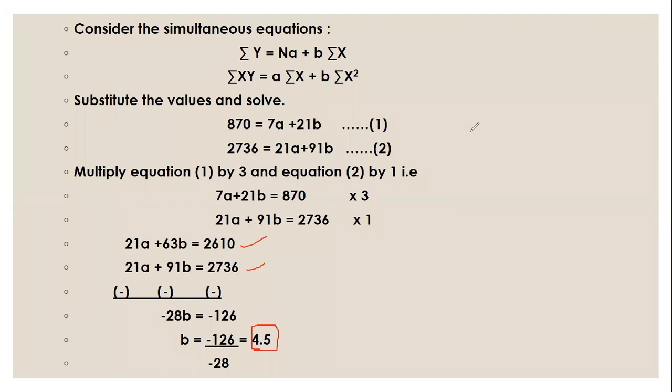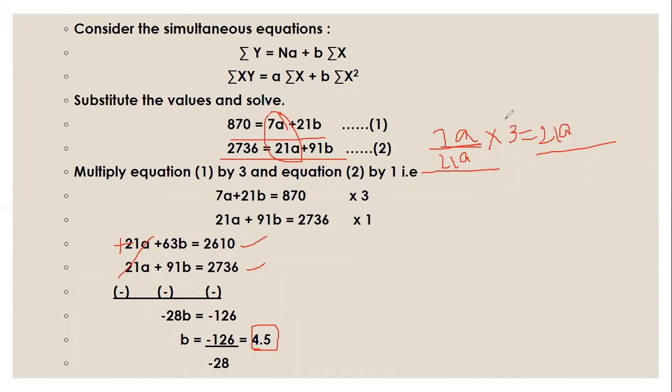Okay, 63B. Fine. Now here you have the first equation and the second equation. Out of these two equations, if you see A, one is 7A, the other one is 21A. If I multiply this 7A by 3, I will get 21A. And if I have both of them as 21A, I can cancel them, because one will be plus 21 and the other will be minus 21.